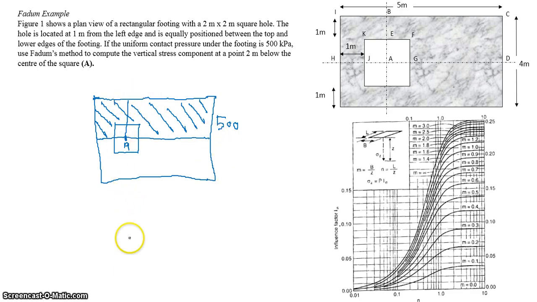So in the question, they already give you the labels A, B, C, D, and E, F, G, H, I, D, A, and J, K, E, A. All the squares are related to point A. So it already obeys the first principle of Fadum, which is that at least one point falls on the corner of a square that we want to define the influence factor for.